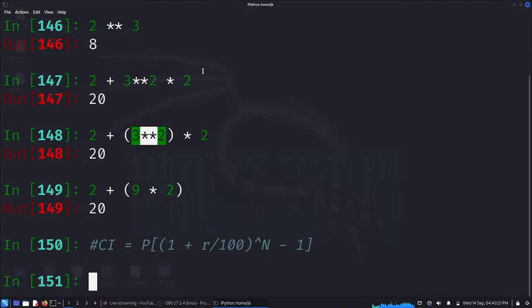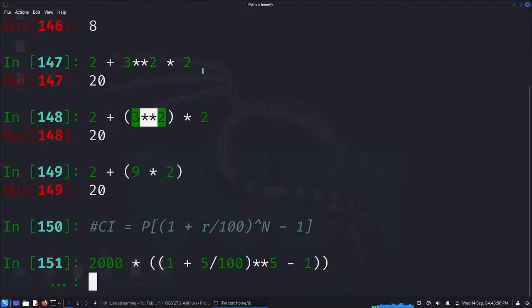How do we do that? Say P is 2000, so 2000 times, and no matter what, we use regular parentheses. So we have one parenthesis and one more parenthesis. Then we have 1 plus, say, 5% interest, 5 by 100, star, say for 5 years, minus 1. This is the way it is done.